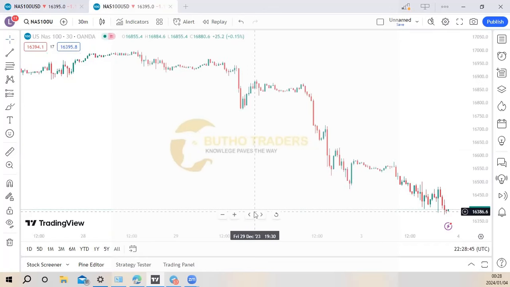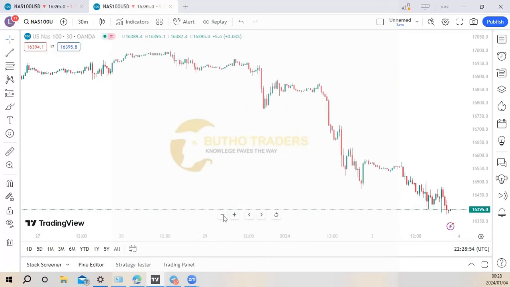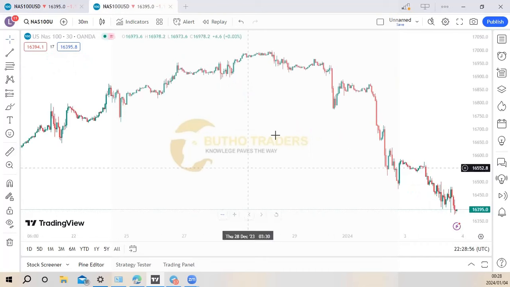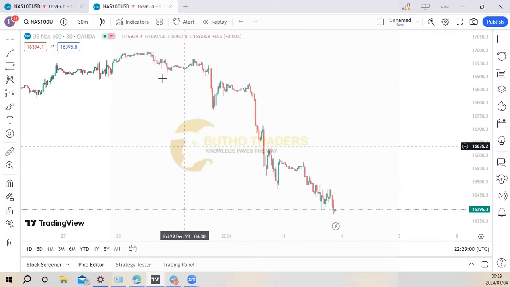The first thing that I do is reset my chart and zoom out 3 to 4 times: 1, 2, 3. You can zoom out 4 times if you want, so that my chart is aligned at the center. Now the first thing I do is identify the highest point where the market could go.